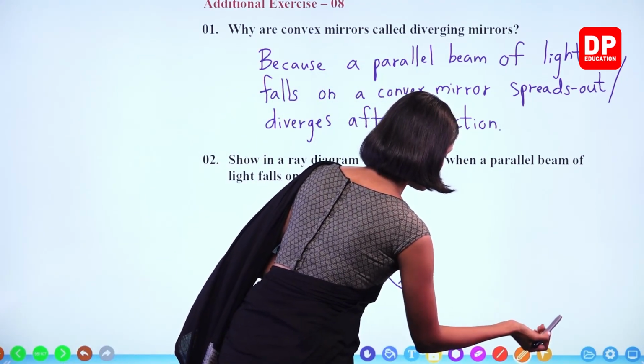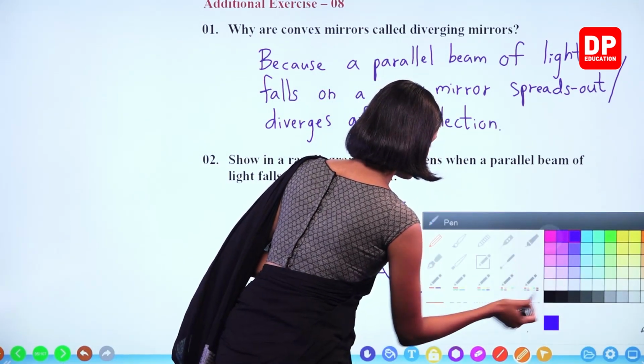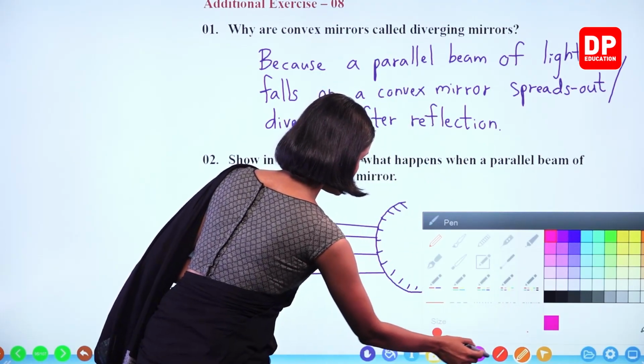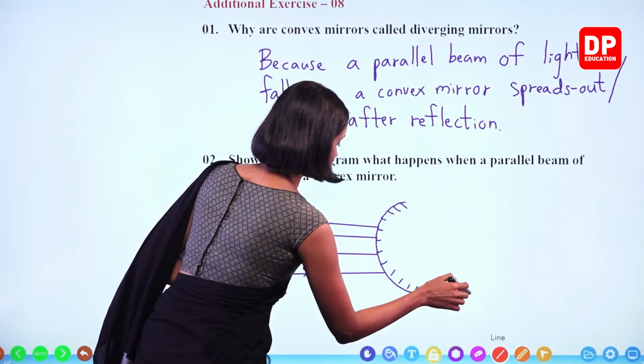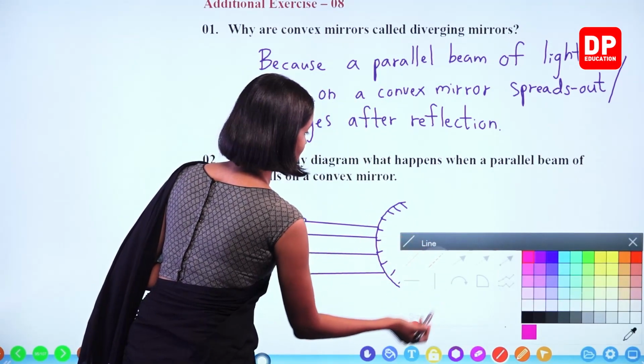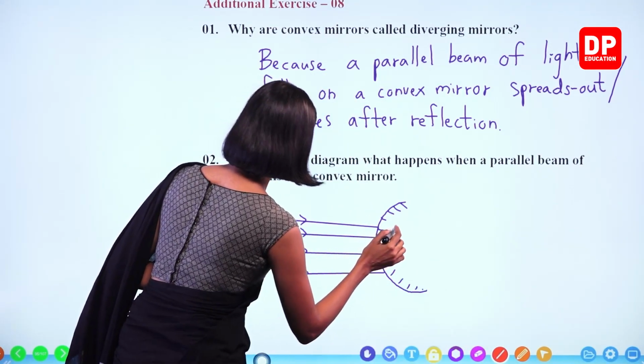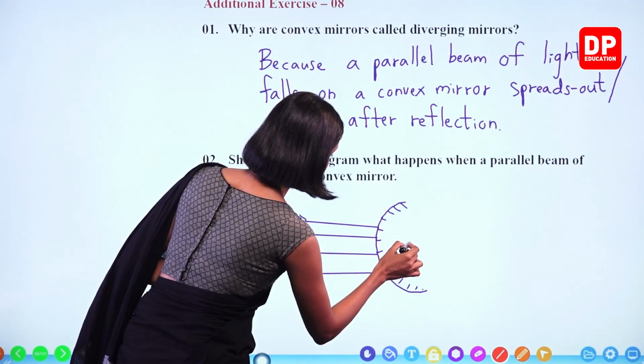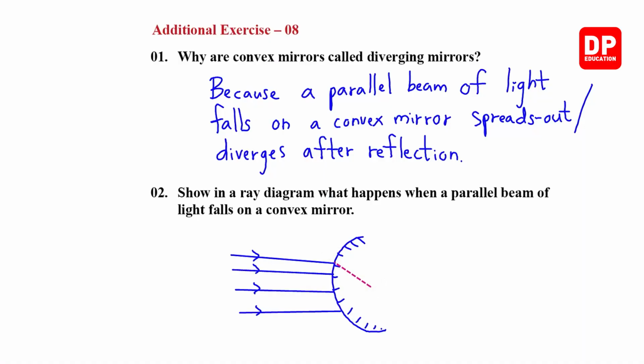And what happens? We'll use a different color. Then they spread out, but at the back of the mirror, they all connect. It looks as if they connect. Therefore, we have to use a dotted line at the back of the mirror.